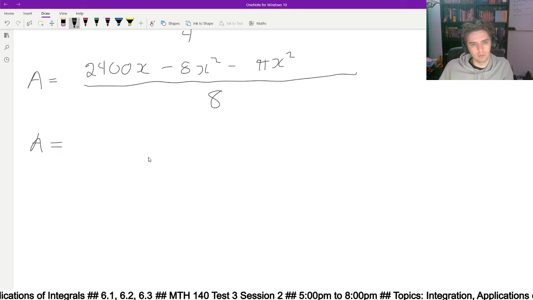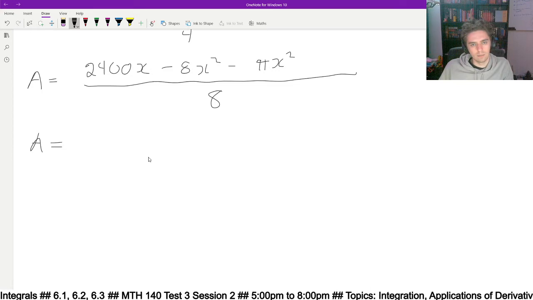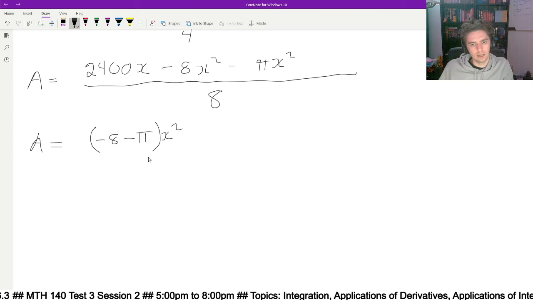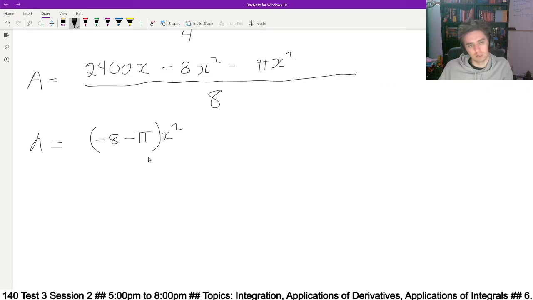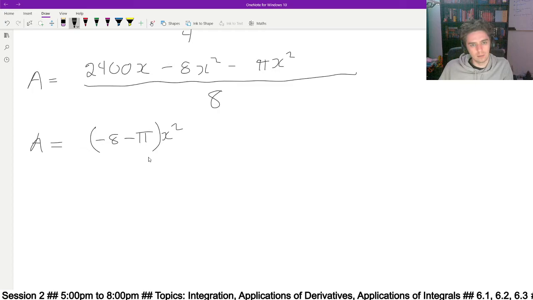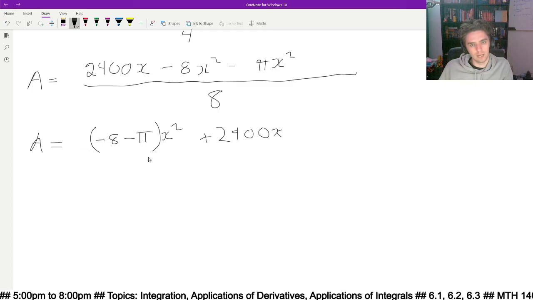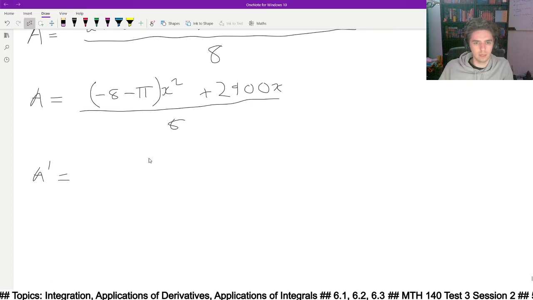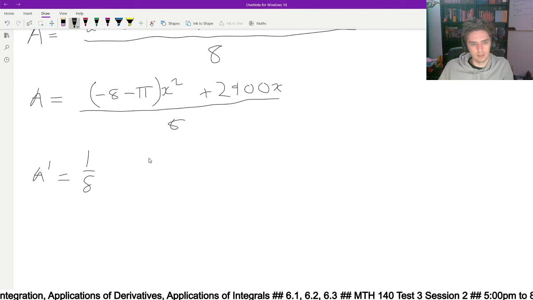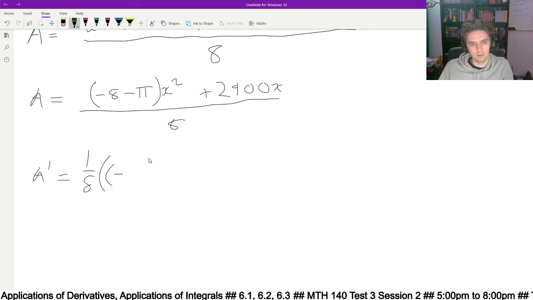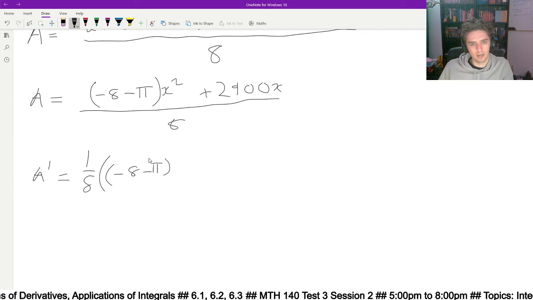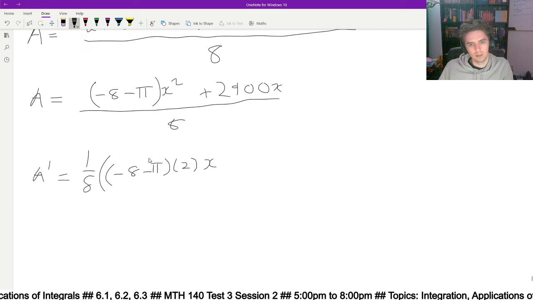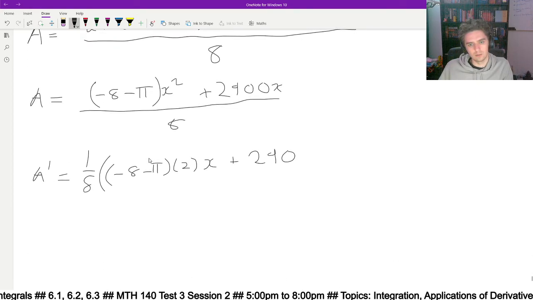So A equals negative 8 minus pi x squared, okay, plus 2400x over 8. So A prime equals 1/8 times negative 8 minus pi times 2 times x plus 2400.